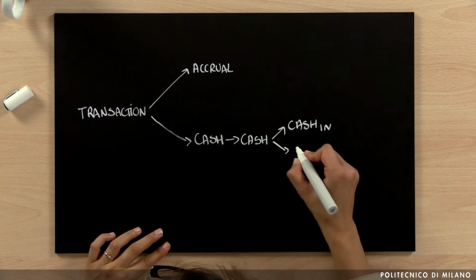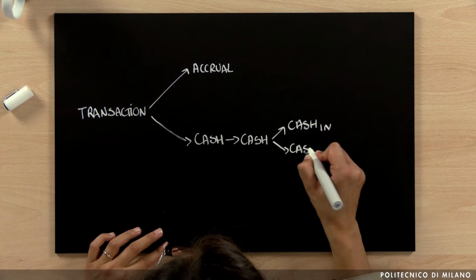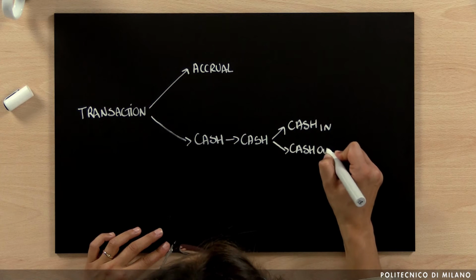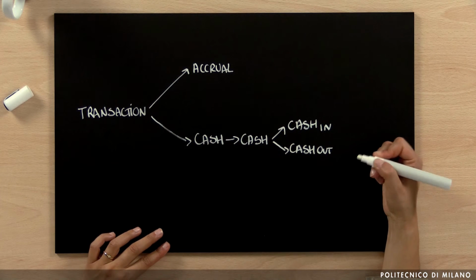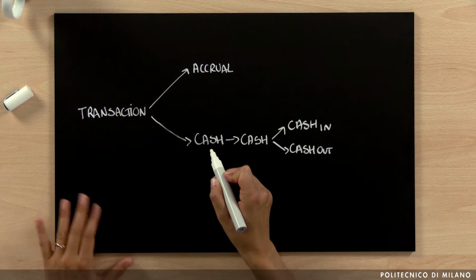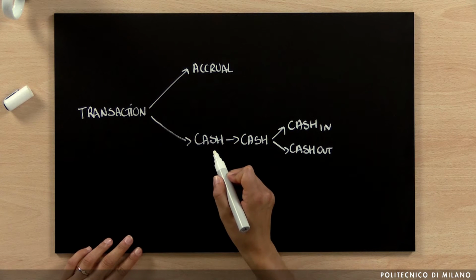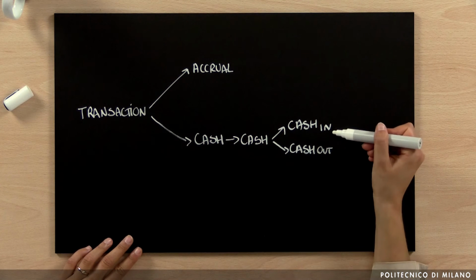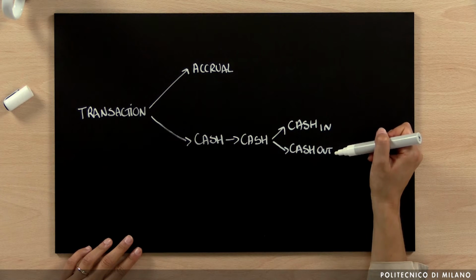On the opposite, we register a cash out in the moment in which the cash is paid by the company. For example, if a company is purchasing raw materials, in the moment in which raw materials are paid, we register a cash out. So, by adopting a cash logic, this is really simple because events are registered only in the moment in which the cash is received or the cash is paid.